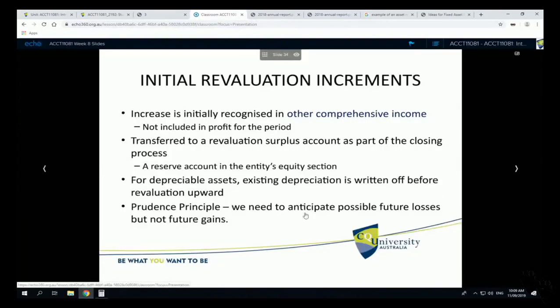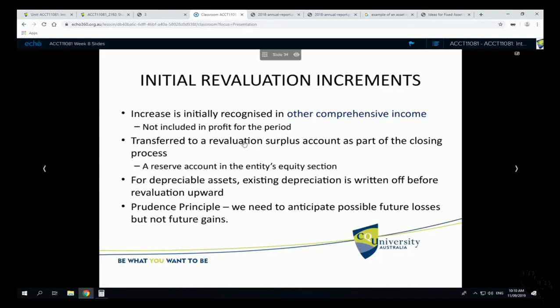And there's a lot of other rules as well. If we're valuing it up, we don't include it in profit for the period, because that would create lots of motivations for fluffing up our profit. So the increase we initially recognise in other comprehensive income as a value increase, and then we transfer it to an asset revaluation reserve or any sort of revaluation surplus account as part of the closing process, which Karen took us through back in weeks 2, 3 and 4.